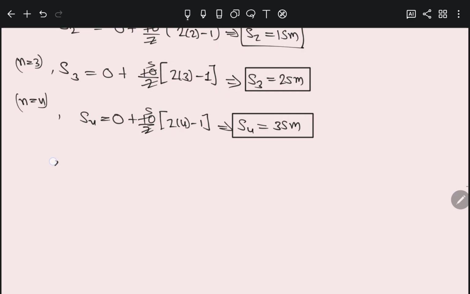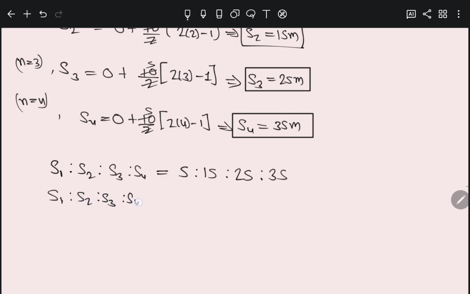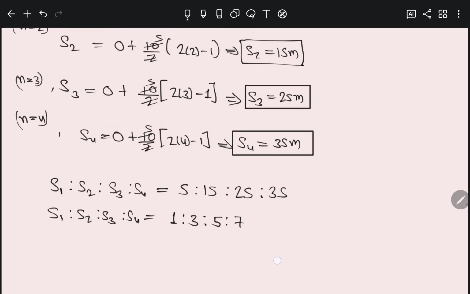So now they are asking the ratio of s1, s2, s3, s4, that is 5, 15, 25, 35. So s1, s2, s3, s4 is in the ratio 1, 3, 5, 7.